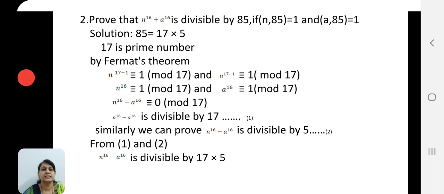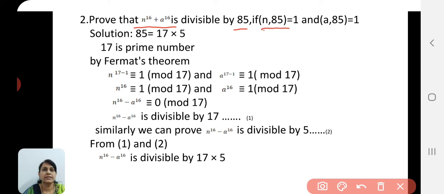Let us take the next example: prove that n raised to 16 minus a raised to 16 is divisible by 85 if (n, 85) equals 1 and (a, 85) equals 1. Now 85 can be written as 17 into 5, where 17 and 5 are both prime numbers.